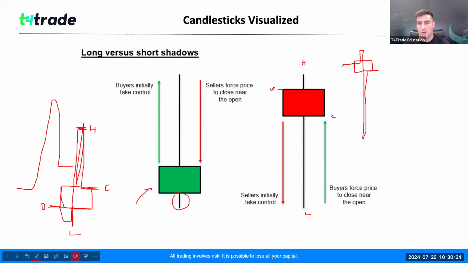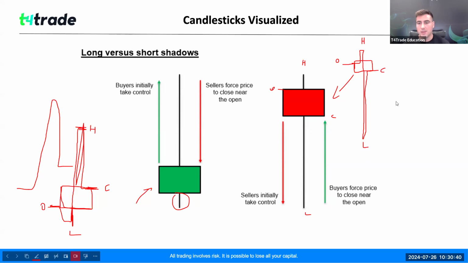Okay, open price, close price, lowest of the day, highest of the day. Pretty much the same thing with this. This is a logical extrapolation or forecast of what has happened throughout the day.